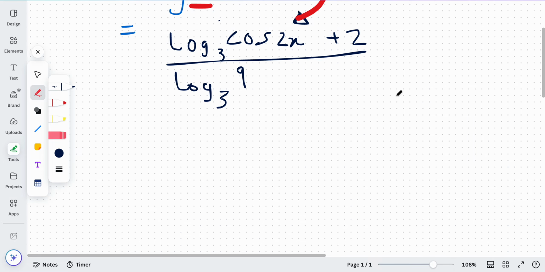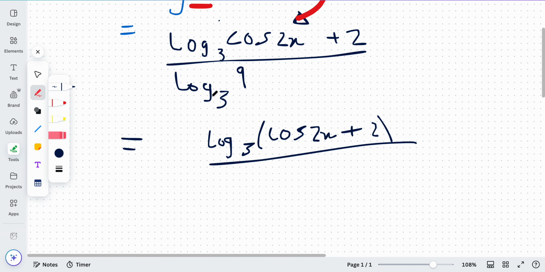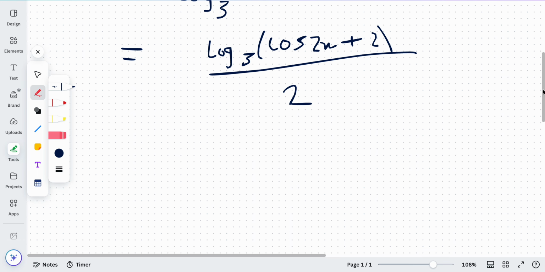So then we rewrite cos 2x plus 2 over log 3 of 9, and log 3 of 9 is 2. After this step it's kind of obvious.